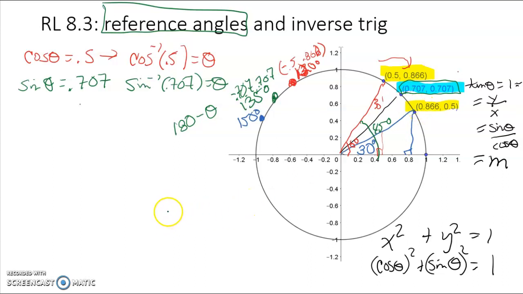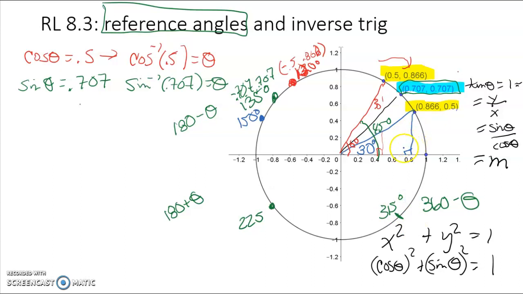Let's go through all the green ones. Down in this quadrant, we need to be at 180 plus theta. 180 plus 45 is going to put us here at 225. And over here, we're going to be at 360 minus theta. So 360 minus 45 is going to put us at 315 degrees.